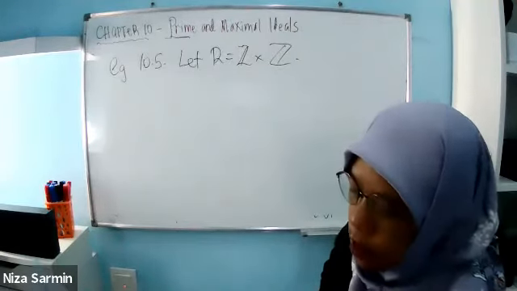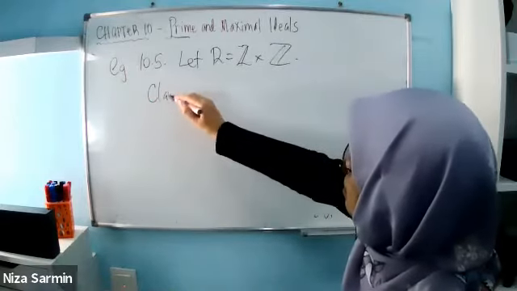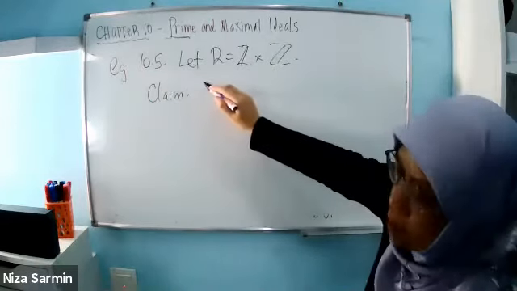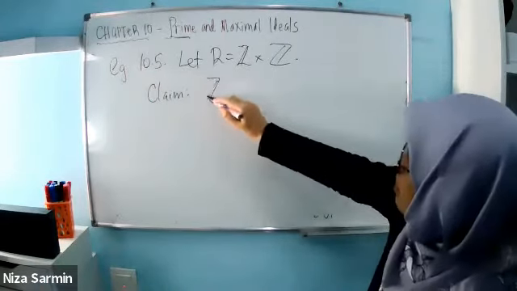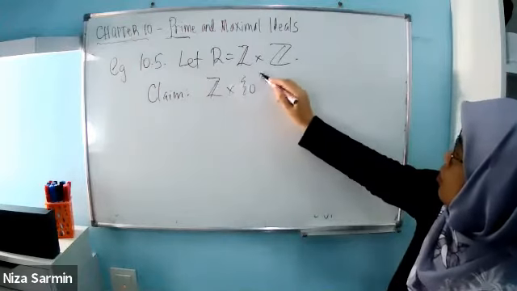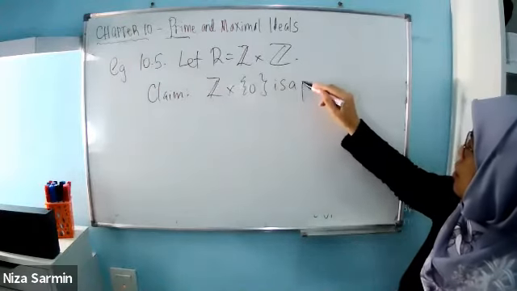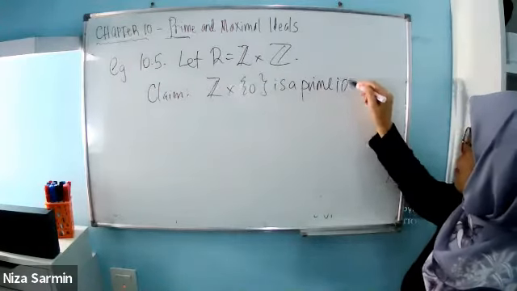Okay, now the claim is Z cross 0 is a prime ideal.